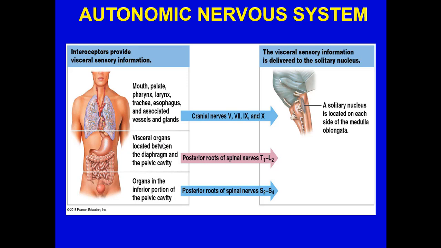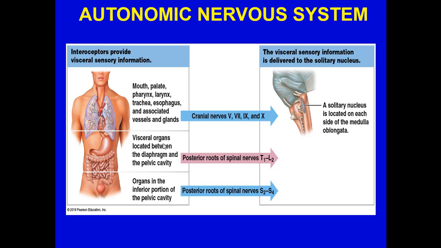So what are we getting this sensory information from? Well, let's see: mouth, palate, pharynx, larynx, trachea, esophagus, associated vessels and glands. So a lot of that right off the bat is the respiratory system, mouth, etc. When we talk about sympathetic, these are visceral organs located between the diaphragm and the pelvic cavity.